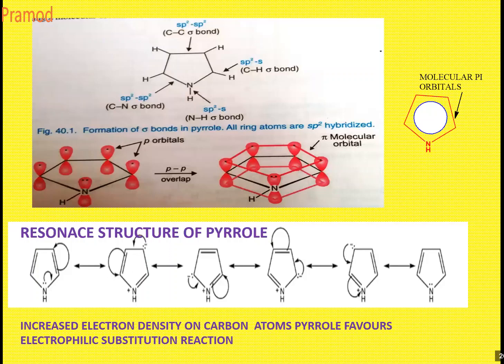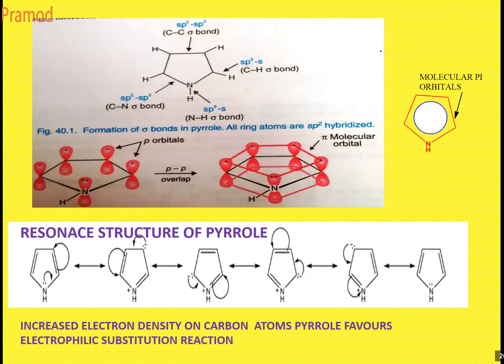These are the resonating structures. The most important thing to monitor is the movement of electrons. First is the movement of the lone pair from nitrogen to between nitrogen and C1. In doing so, the electron density gets increased in your third carbon, and nitrogen gets a positive charge.